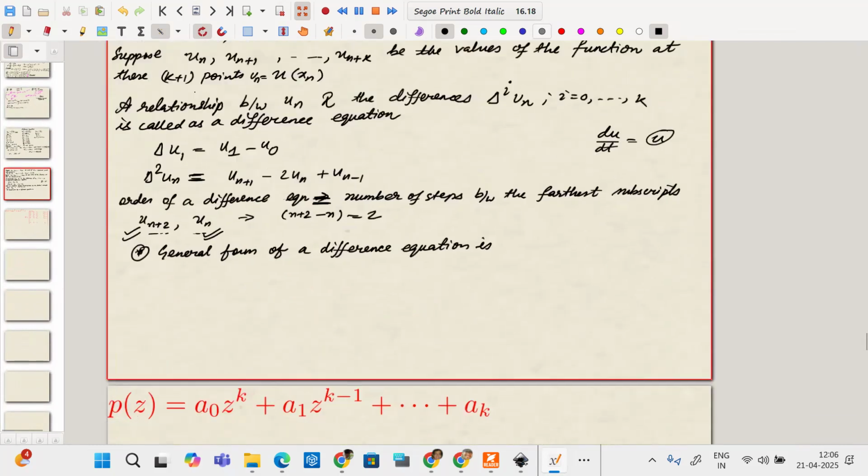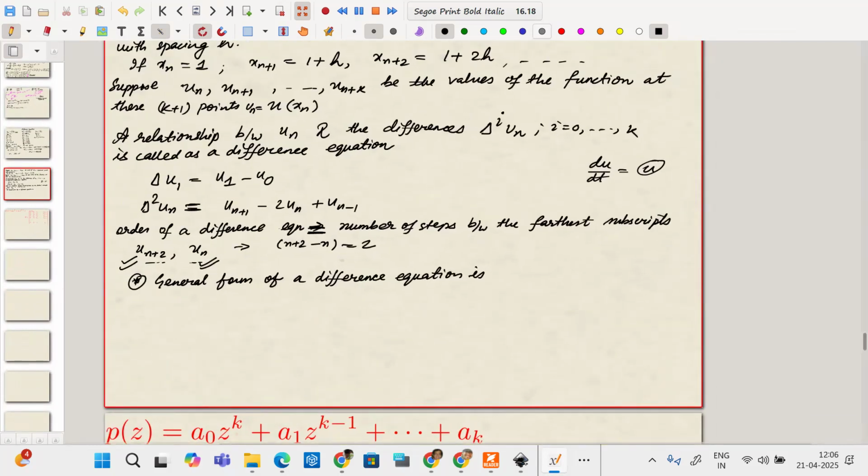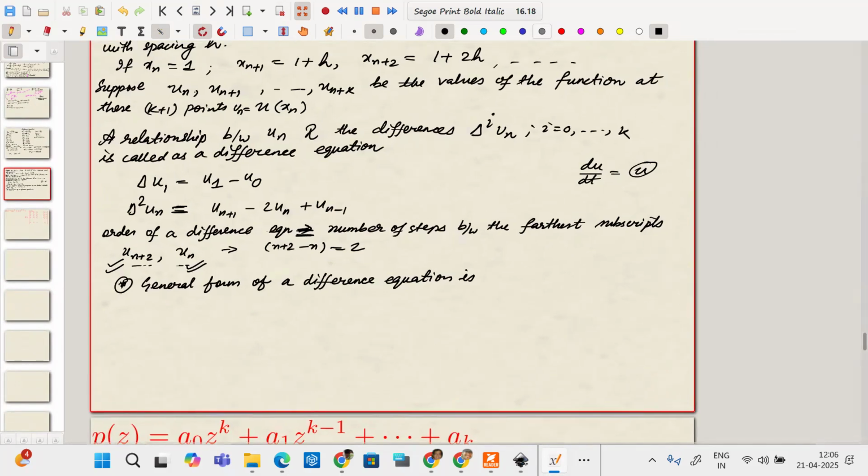A general form of a difference equation is f of u(n), u(n+1), so on up to u(n+k) equal to 0. That is the form of a difference equation. It is all about the relationship between the variables given to you. But keep in mind, those should be equispaced variables: u(n+1), u(n+2) up to u(n+k), all equispaced. We cannot work with non-equispaced variables.